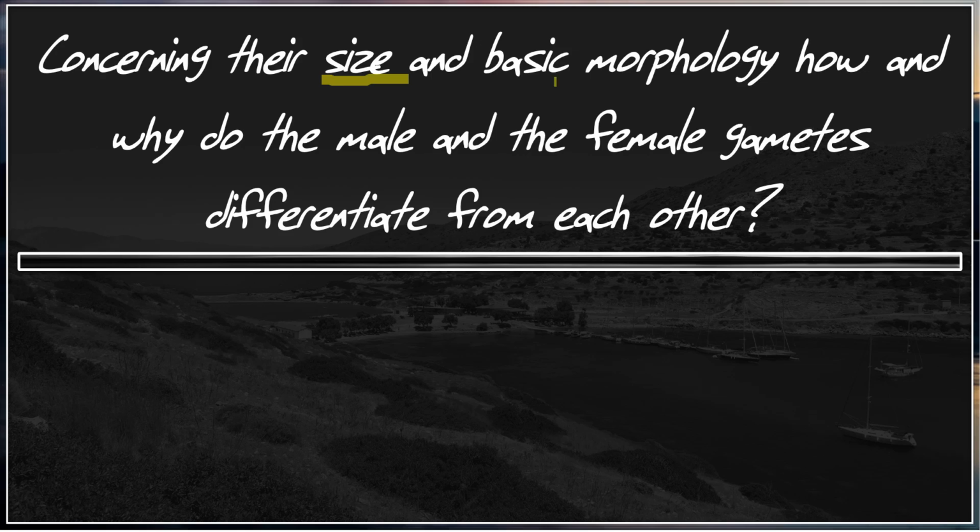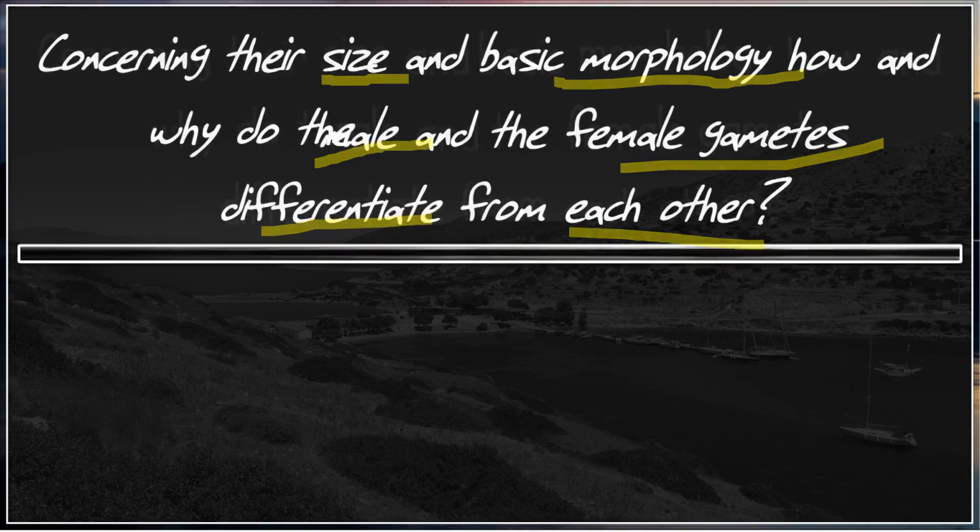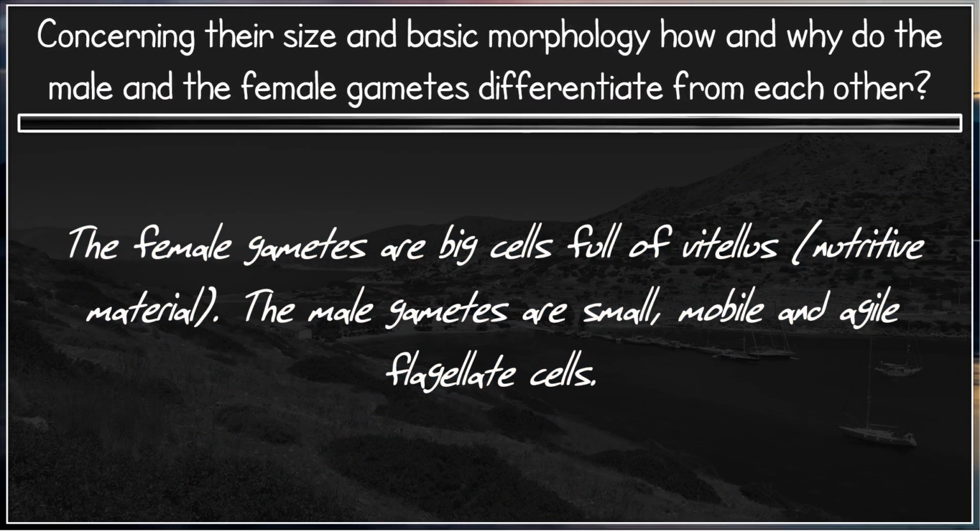Concerning their size and basic morphology, how and why are the male and the female gametes differentiated from each other? The female gametes are big cells full of vitellous nutritive material. Male gametes are very small, mobile, and agile, flagellated cells.